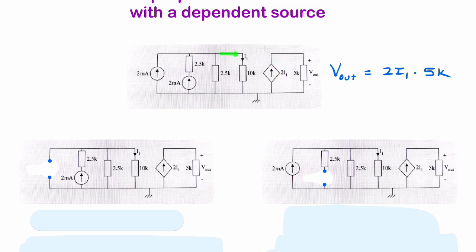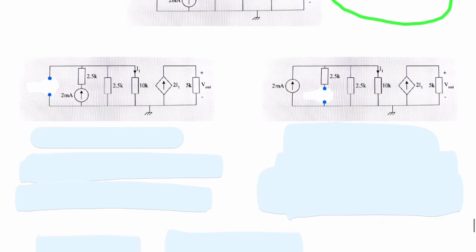So this is I1. This is the current 2 times I1, and that's what passes through our resistance. So this is what we're trying to find. So in this circuit, once we find I1, we then know what twice I1 is, and we can find V out.